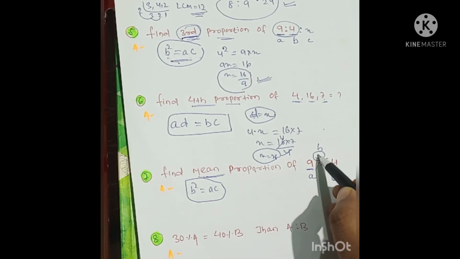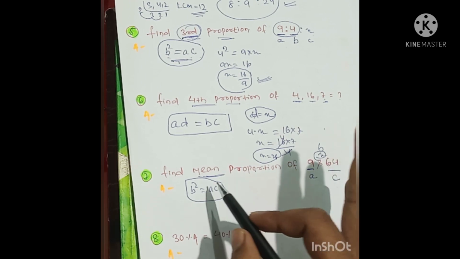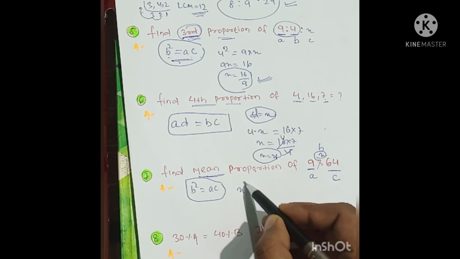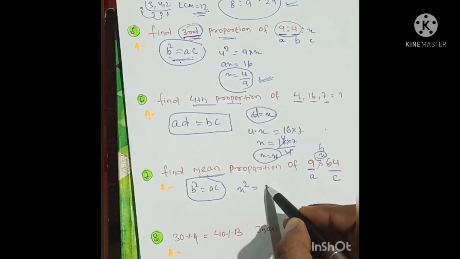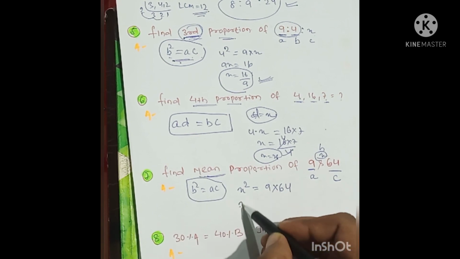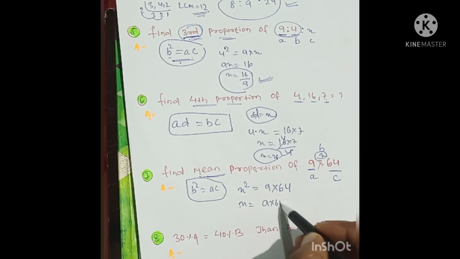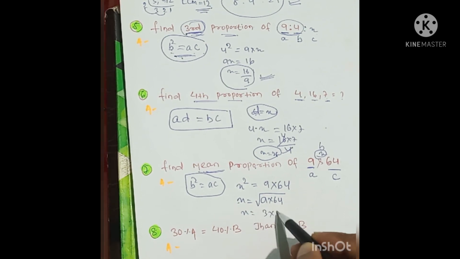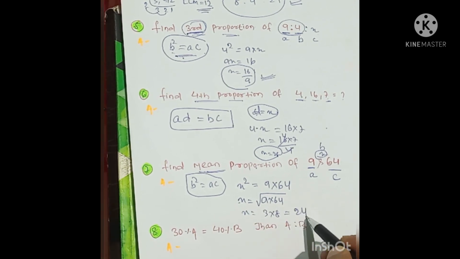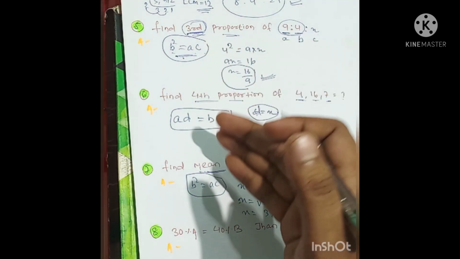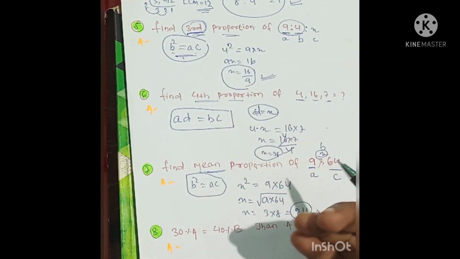You take b equal to x. Then put in the formula: b square, that means x square, equal to a into c, 9 into 64. Now x equal to root of 9 into 64, so x equal to 3 into 8 equal to 24. Okay, finished. These three formulas you have to learn and remember.